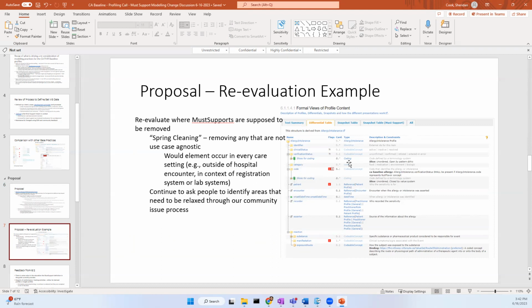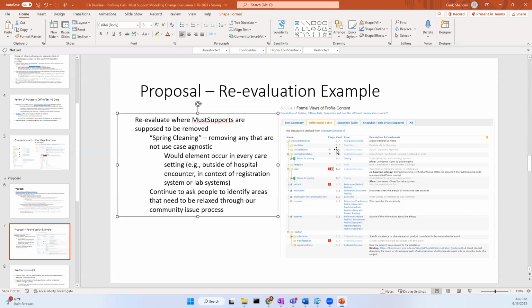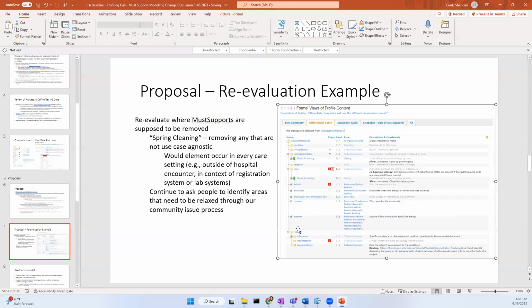We have in our current allergy intolerance profile a must support flag on code, a must support flag on patient, and a must support flag on reaction.manifestation. When we look at our spring cleaning exercise, sometimes it can be helpful to put something against this to see if it would get us to where we intuitively feel the must support should be.